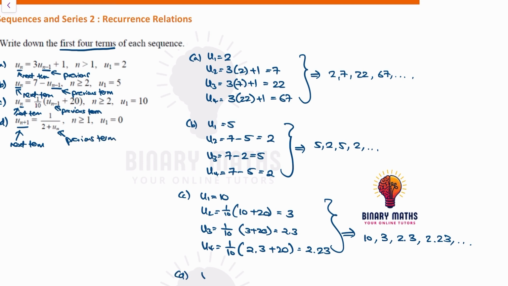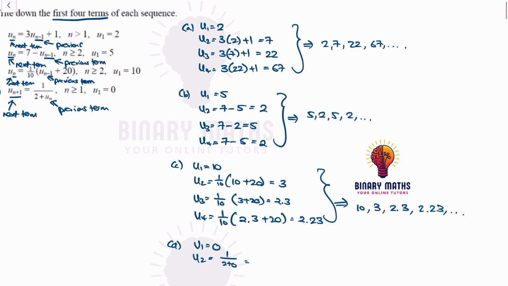So D, u1 is equal to 0, u2 will be equal to 1 over 2 plus 0, which is equal to a half. u3 will be equal to 1 over 2 plus a half, which is equal to 1 over 5 over 2, which is equal to 2 over 5. u4 will be equal to 1 over 2 plus the previous term, which is 2 over 5, which is equal to 1 over 12 over 5, which is equal to 5 over 12.